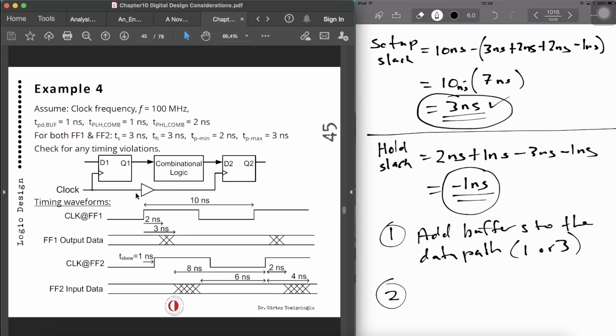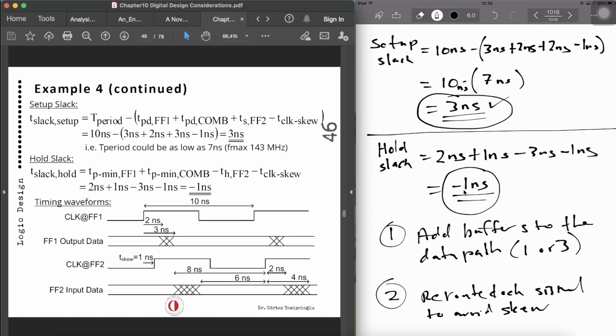If we alternatively route this clock, we eliminate that 1 nanosecond, so it is going to be 0. So we can reroute the clock signal to avoid skew. Okay, so we can take out the buffer and we won't have any problems. So this is how we can come up with a solution in these type of questions.